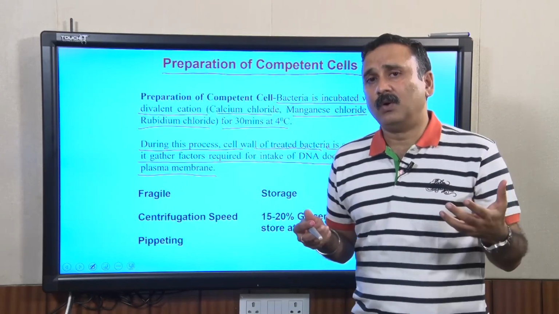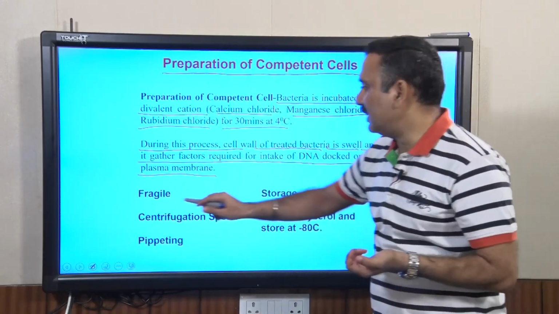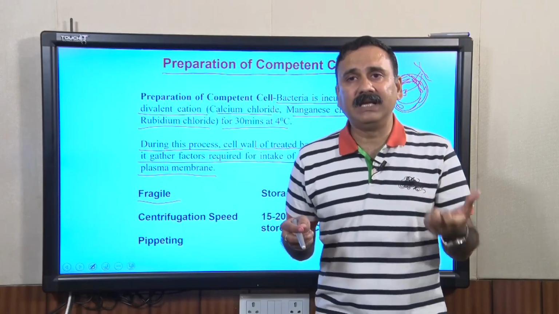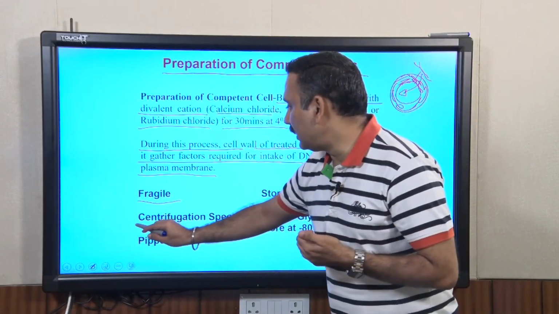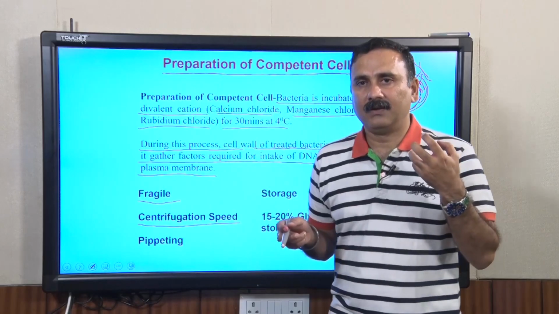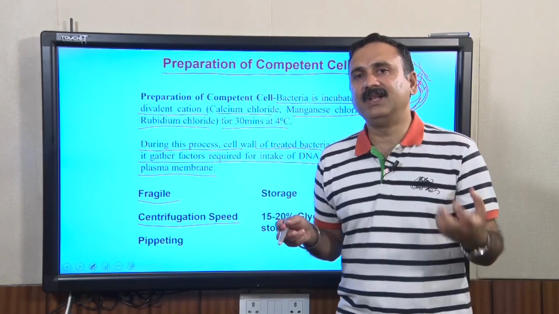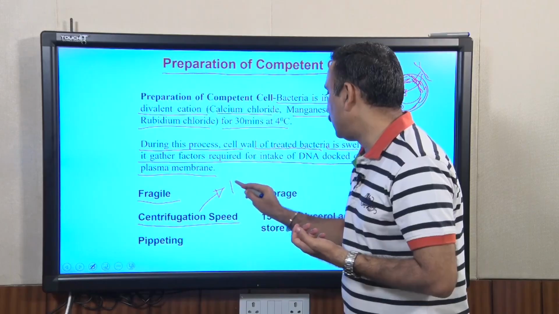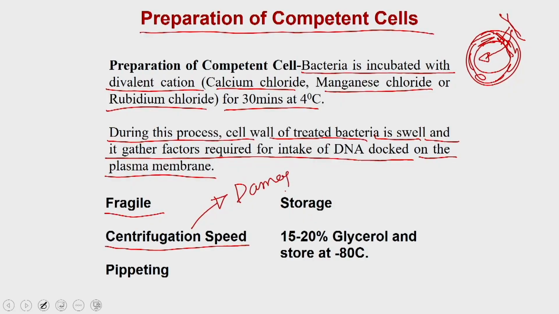Because of this, it becomes very fragile. So, you have to take care of these cells after you make them competent, or you have to treat them very gently, which means you cannot centrifuge these cells at a very high speed, because if you spin them at a very high speed, these cells may get damaged, because the cell wall is already compromised.